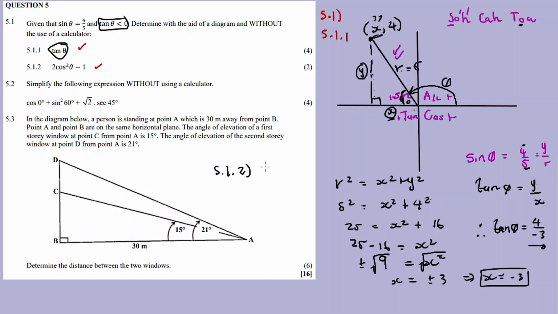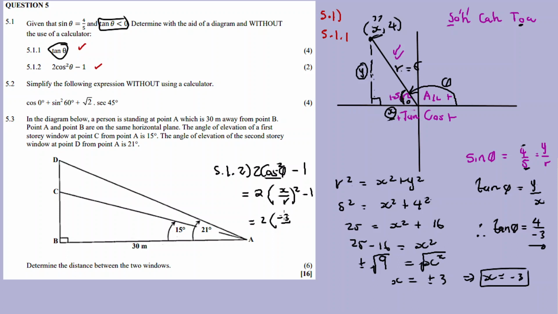For 5.1.2 we want 2 cos squared theta minus 1. Cos theta is adjacent over hypotenuse, so x over r. This is 2 times x over r, squared, minus 1. What is x? Negative 3.